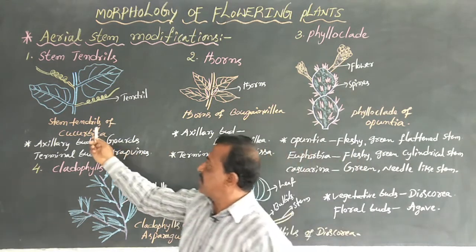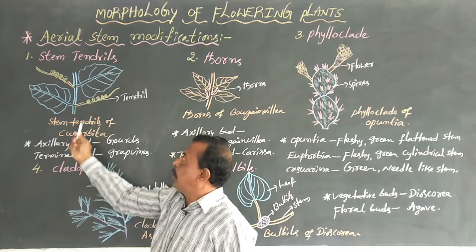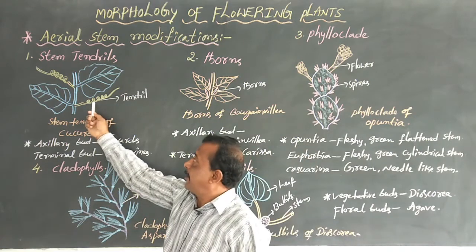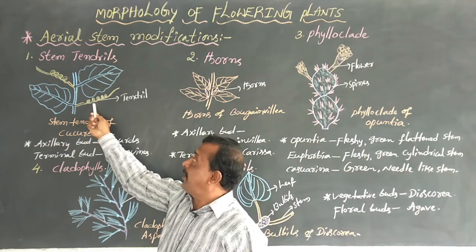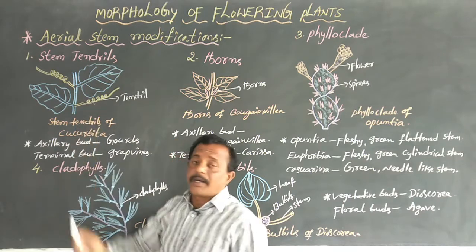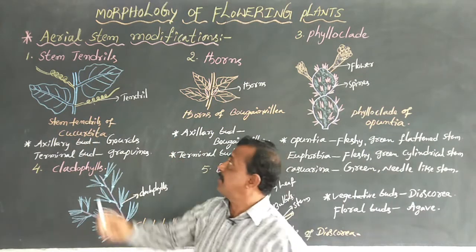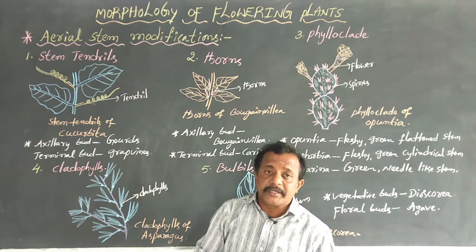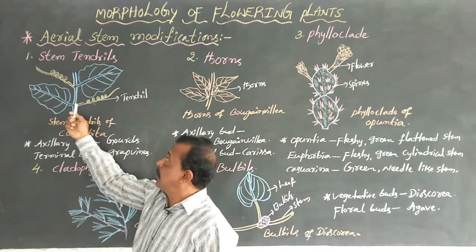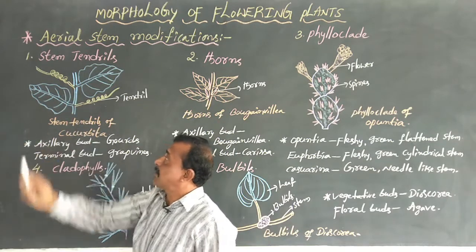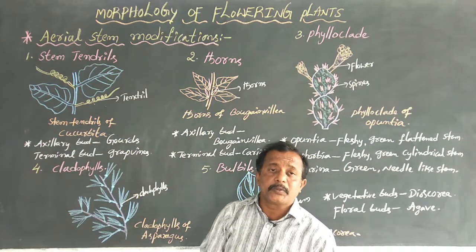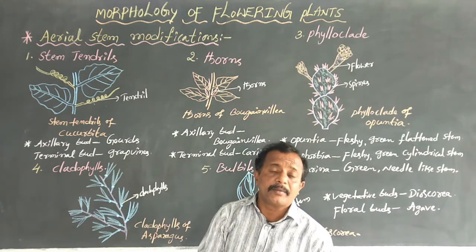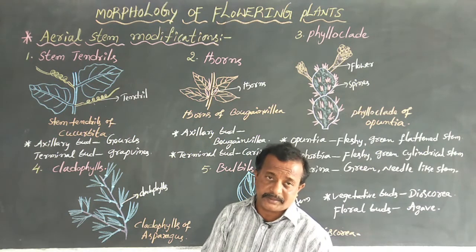Dear students, this is a stem tendril of Cucurbita. Tendrils are wiry, delicate organs or spirally coiled structures. That is called tendrils. Tendrils are developed at the node of the stem, mainly from axillary buds and terminal buds.